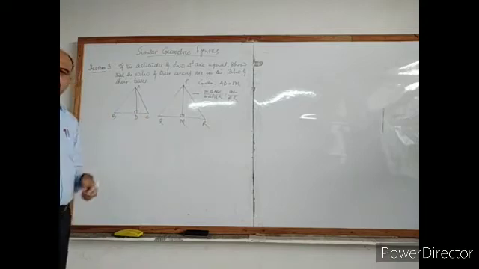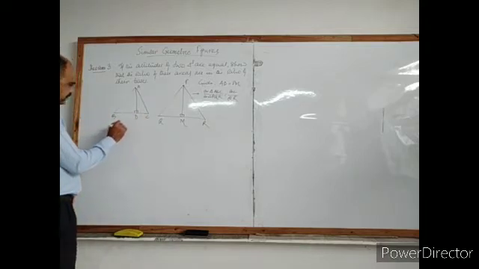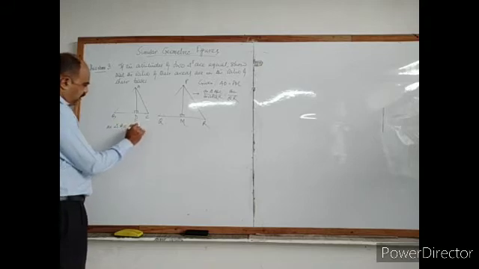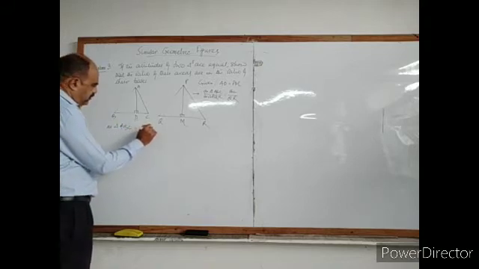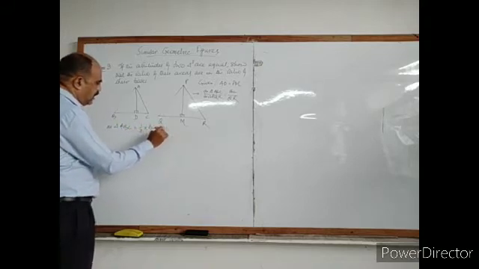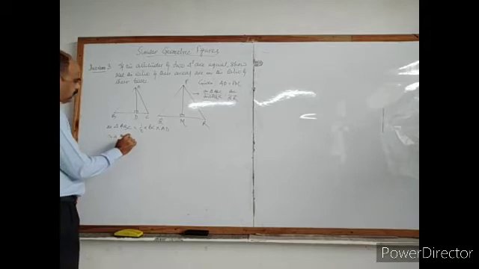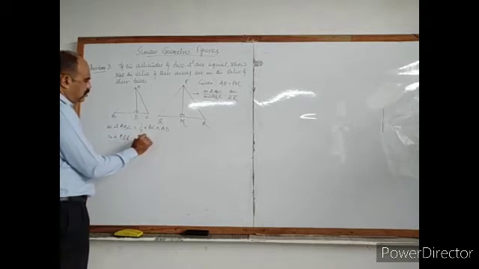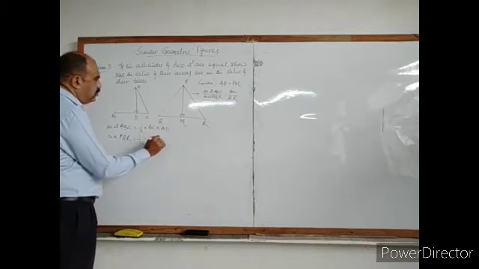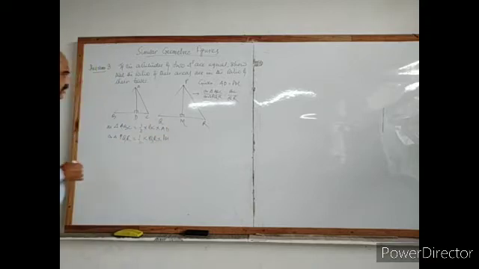Now see, area of triangle ABC is equal to half into base into height, and area of triangle PQR is equal to half into base into height. Now you have to find the ratio of the areas.